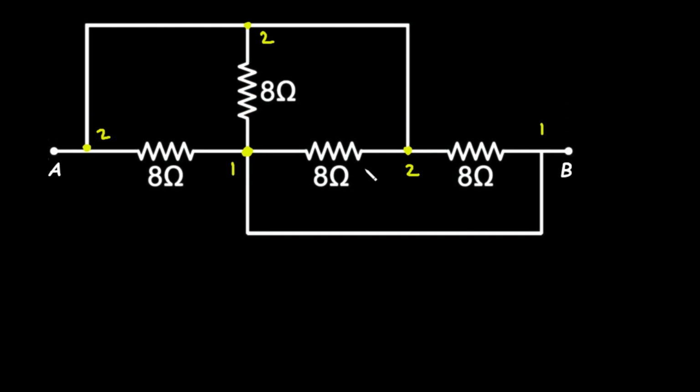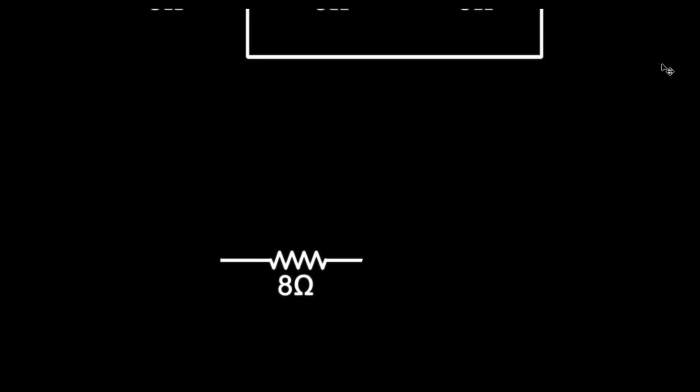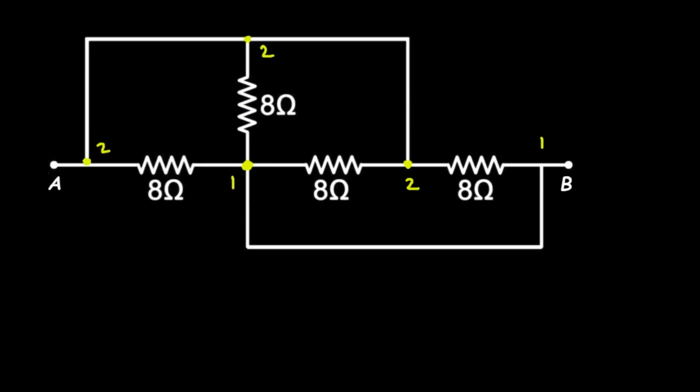First we will take this 8 ohm as common. So let's copy it from here. Now here this is terminal, this is node number 1 and this is node number 2. Now what we will do?